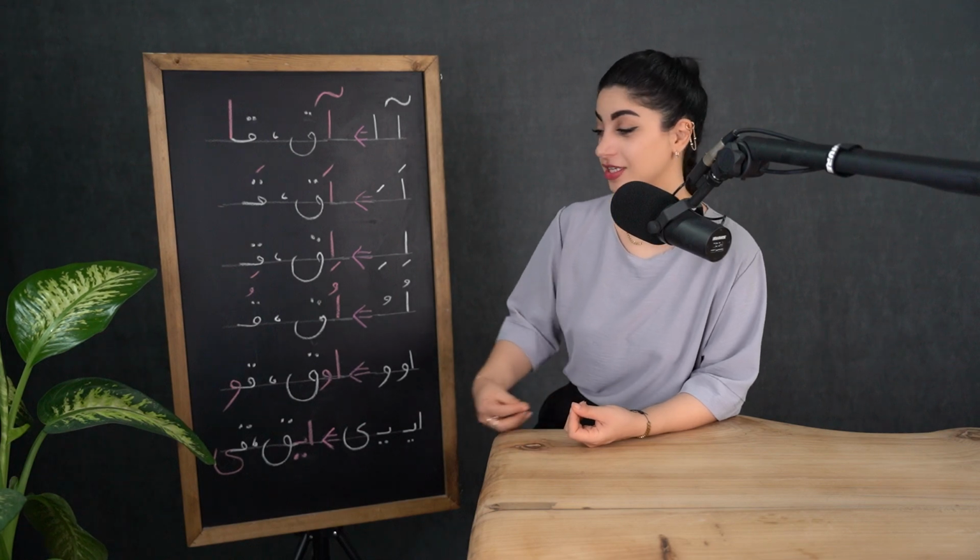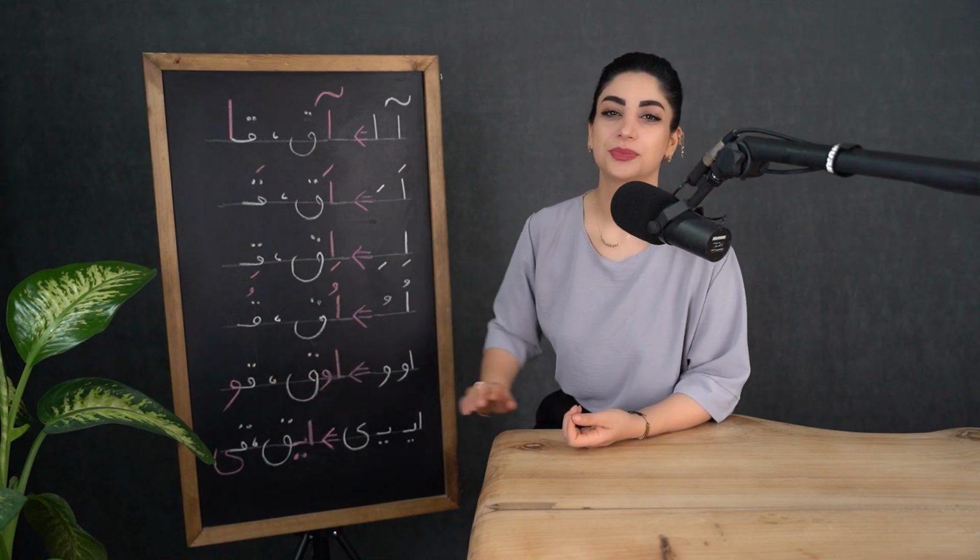And let me tell you something funny. Qu in Persian is the same as swan in English. When we want to say swan in Persian, we say qu.